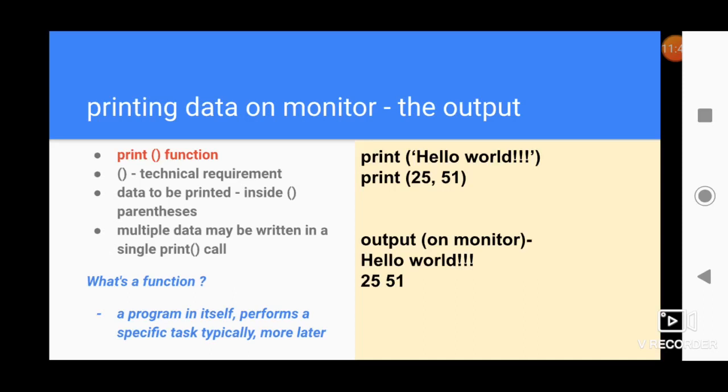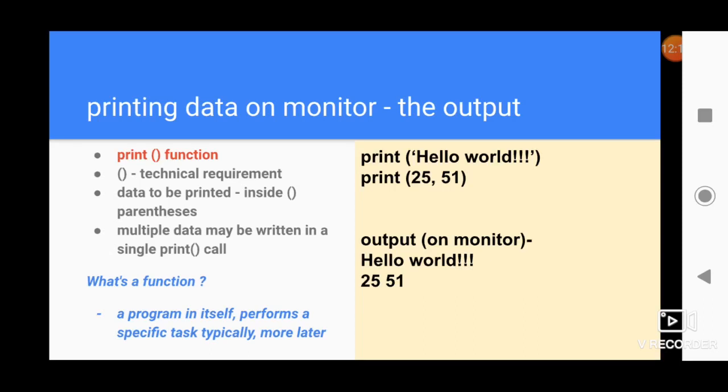Now we have been using this word function. We have been saying print function. What is a function in Python? For now you need only to understand that a function is a program in itself. It is a short program in itself. It performs a specific task, and for example, the print function is performing the task of printing something on your monitor.